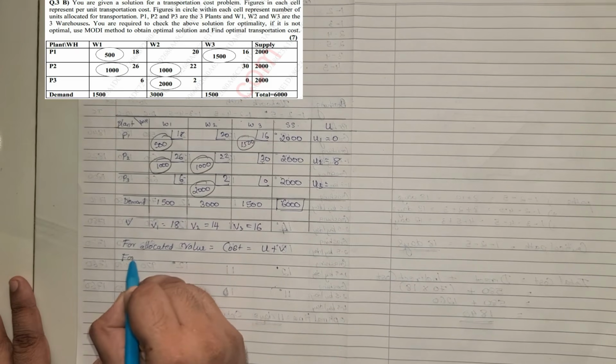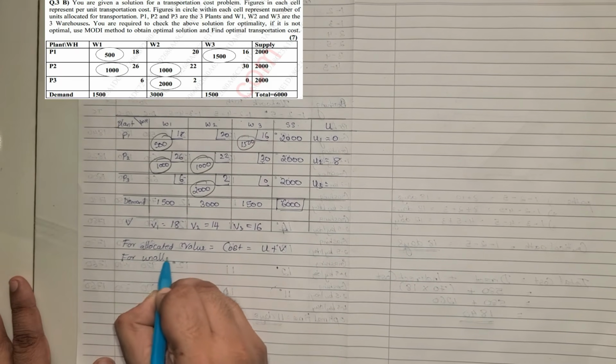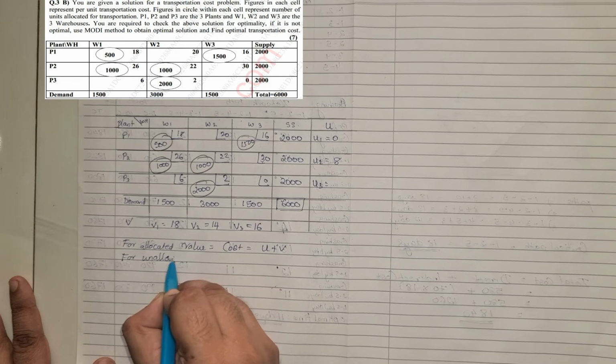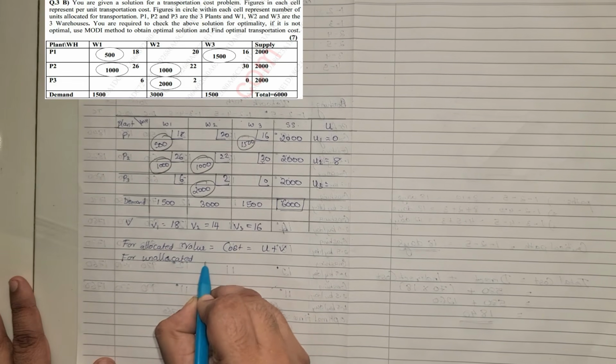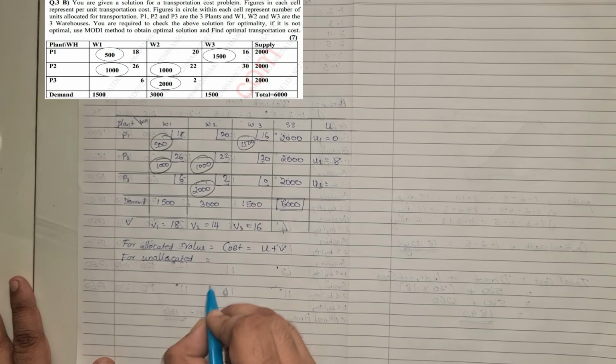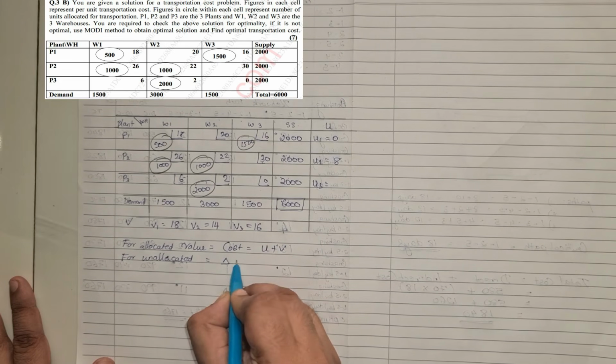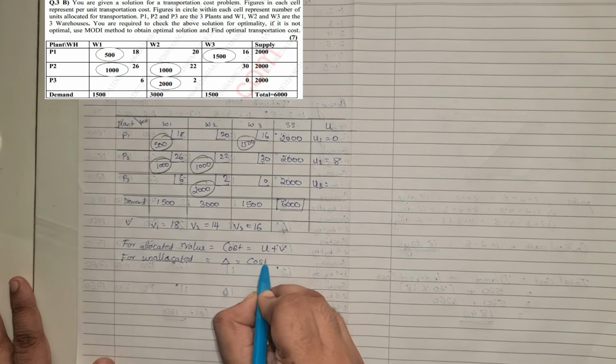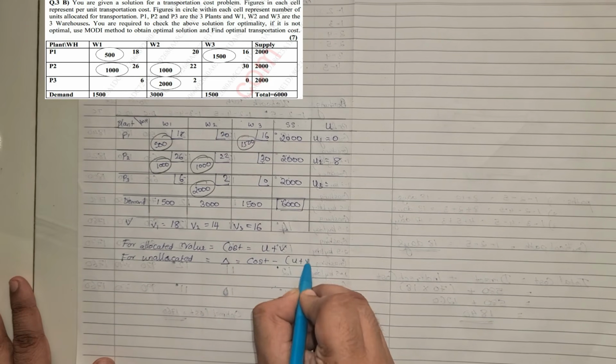Now for unallocated cells, the formula which you have to remember is delta is equal to cost minus (u plus v).